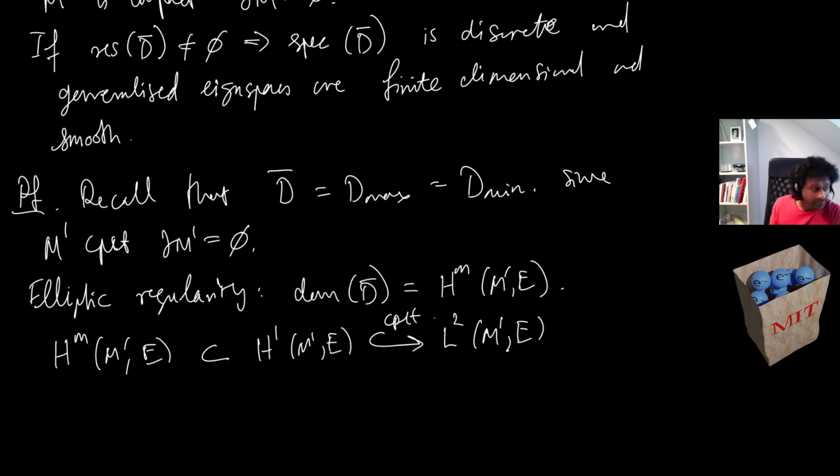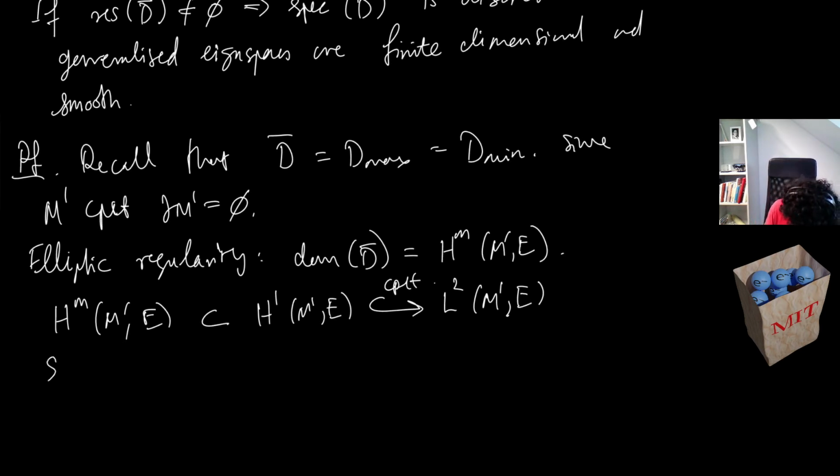So the compactness of this embedding is again a consequence of the fact that we are on a compact manifold, okay? Since M prime is compact.